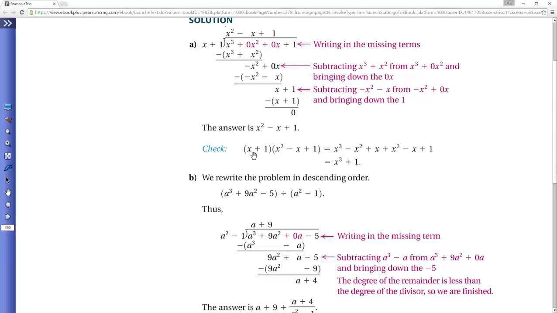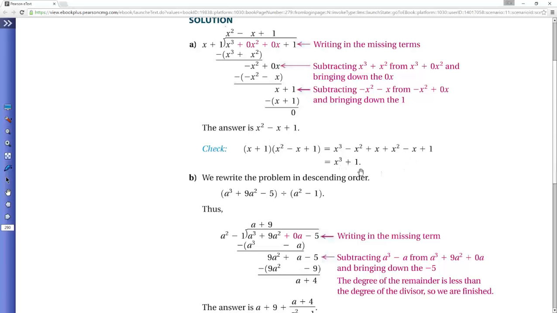To check this, I take the divisor times the quotient. I should get that dividend. Okay. And when you look at this, I have to distribute x times x squared, x times a negative x, times 1, times these, right? And that's how they're showing this filled out. Combine like terms, and I got negative x squared and positive x squared is 0, x and negative x is 0.